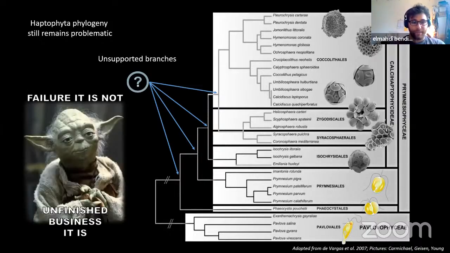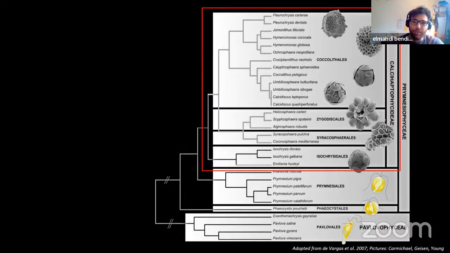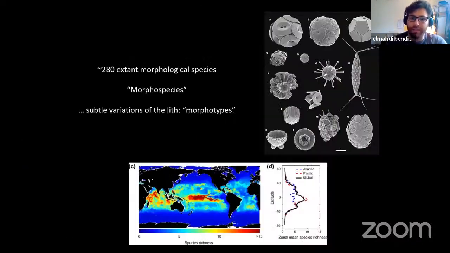It's just unfinished business. So if we look now inside the Calcihaptophycidae, we have around 280 extant morphospecies that have been well described. Some of those species have been recognized with morphotypes where there are subtle variations in the formation of the lids. Most of the species are distributed in the tropics, in low latitudes.